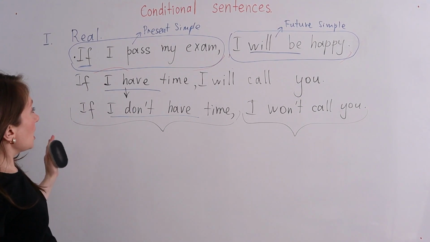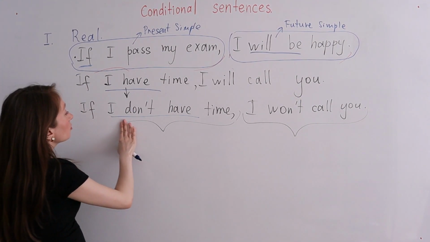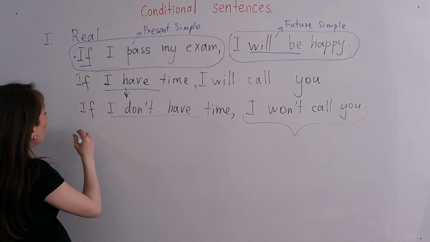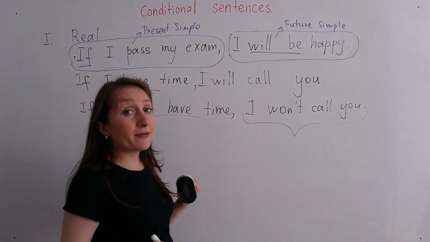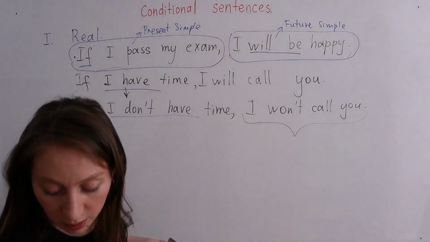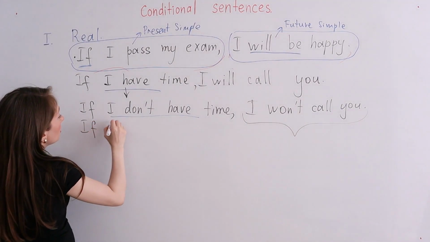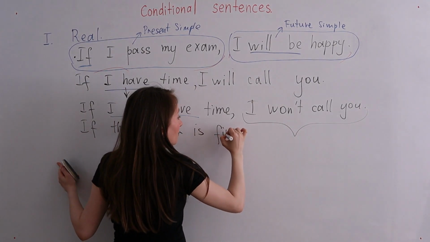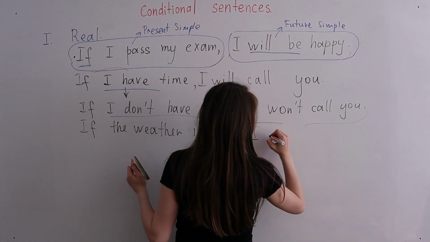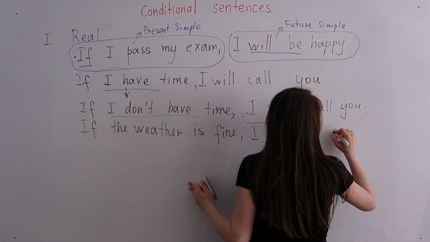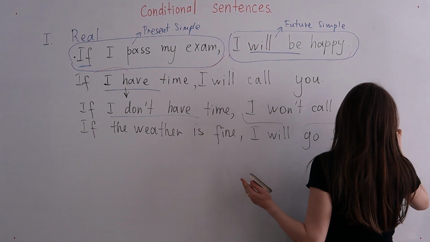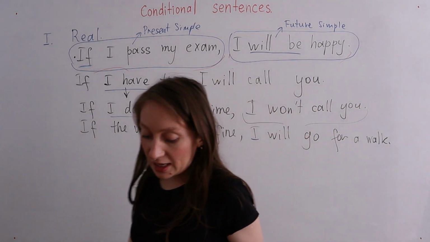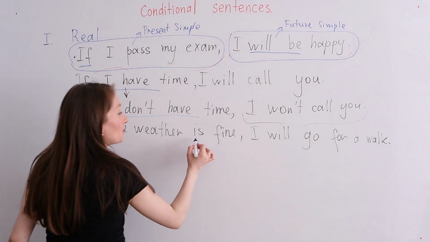One more example with the verb to be, because we know that the verb to be also can be used in present simple. If the weather is fine, I will go for a walk. What do you see here? We see again present simple with the verb to be.